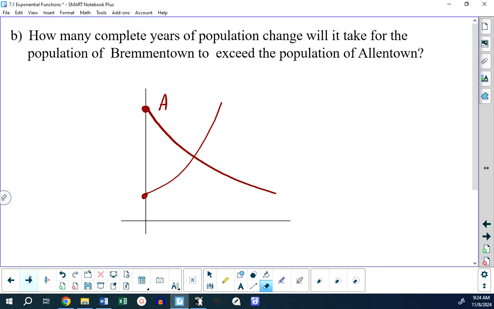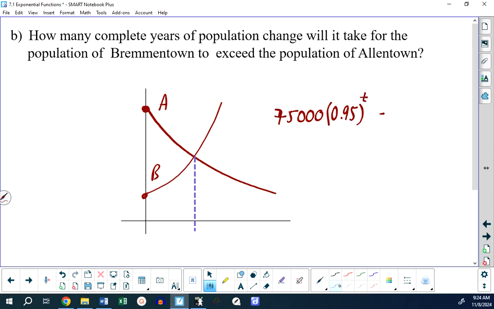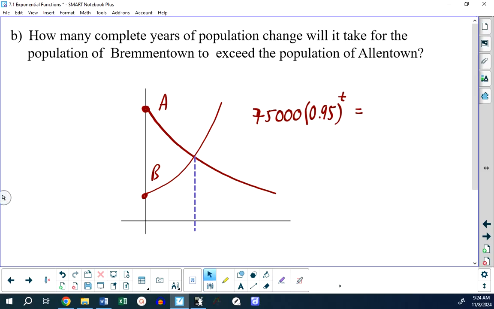What we are interested in here, everybody, is where these intersect. We're interested in where 75,000 multiplied by 0.95 to the t is equal to 10,000 times 1.09 to the t.